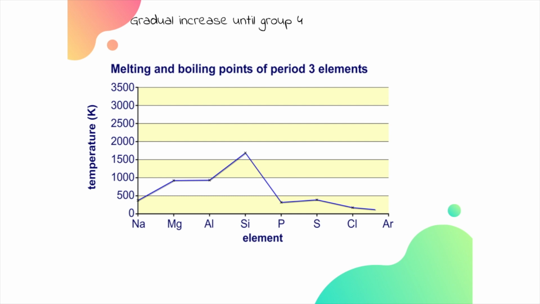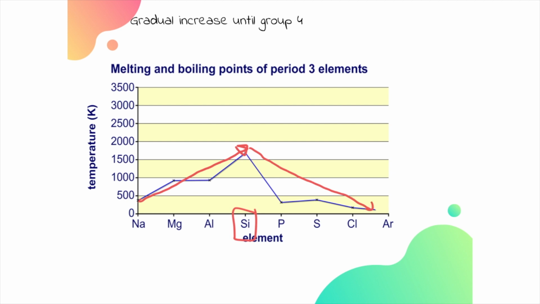The last trend we're going to be talking about today is melting and boiling points. That's a physical property. Generally speaking, if you go across a period in the periodic table, what would you notice? You would notice an increase in melting points of all of those metals and metalloids like silicon, and then you have a decrease.